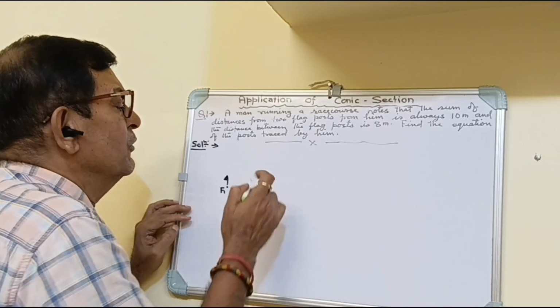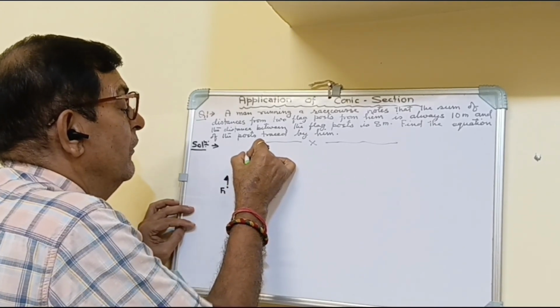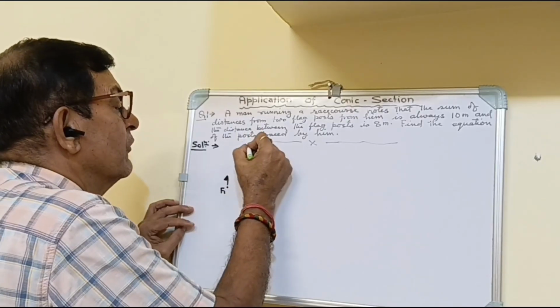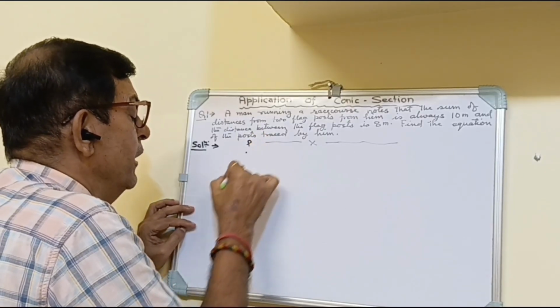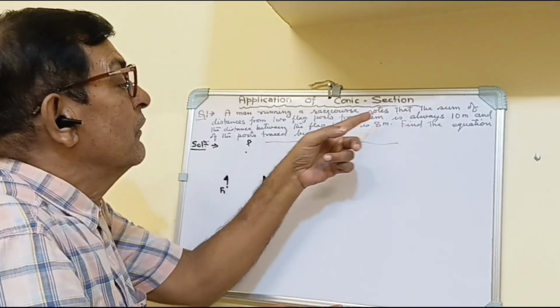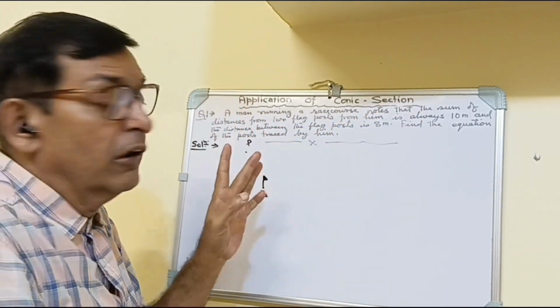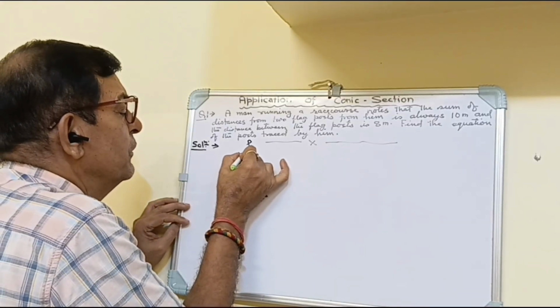Look at this question. Solution: F1 and F2 are two flagposts in a room. The sum of distances, suppose the man is here at point P, PF1 plus PF2 is constant, that is 10 meters, always constant. Hence, the path of the man is elliptical.